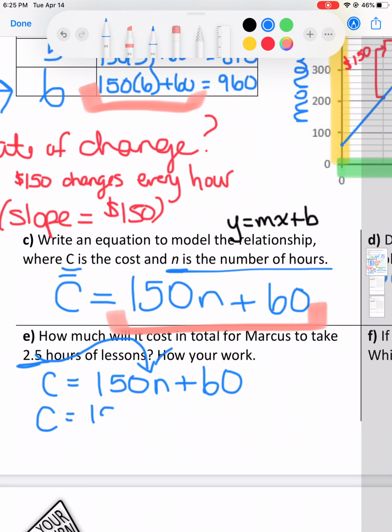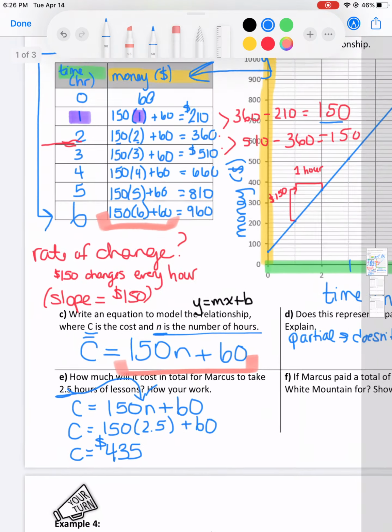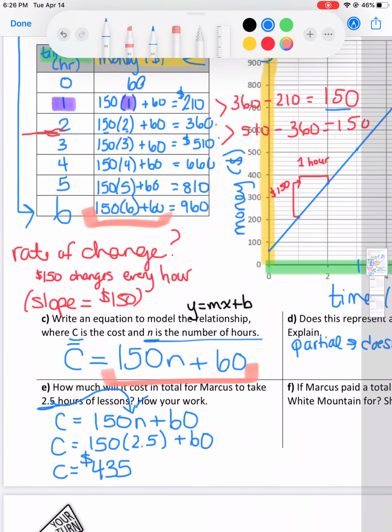C is equal to 150 times 2.5 plus 60. Because you guys are so accustomed to using BEDMAS, you know to multiply first. So 150 times 2.5 gives me $375. Then I add my 60, which gives me $435. If we go back, is $435 between 360 and 510? Yes, it is.